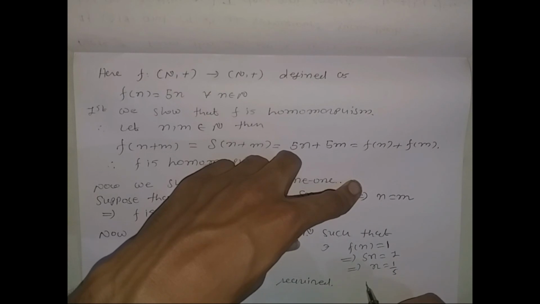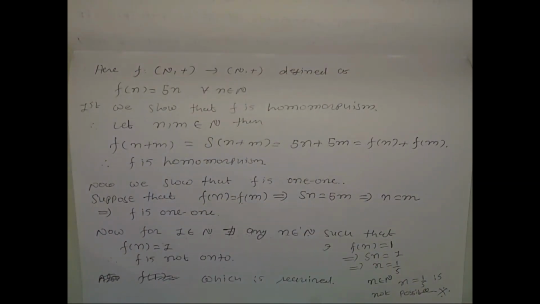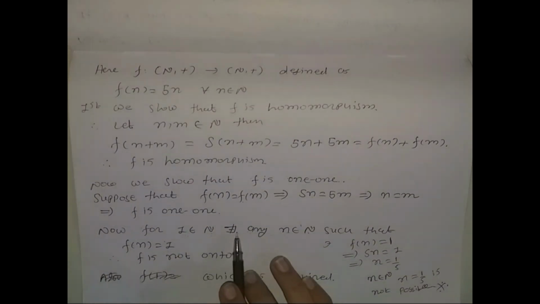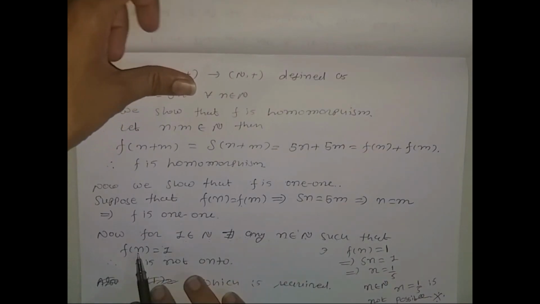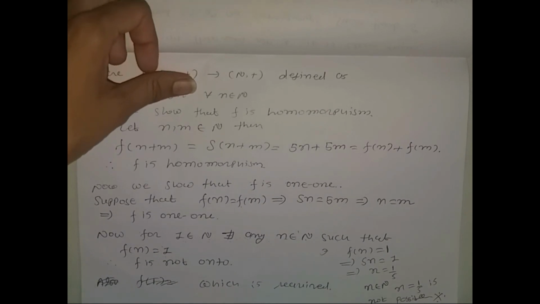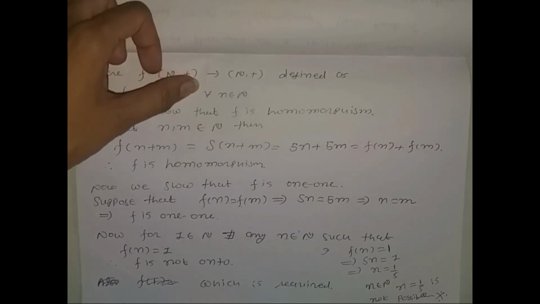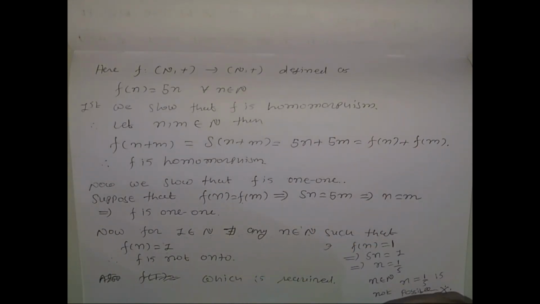But n belongs to N, so n equal to 1 upon 5 is not possible. So we get a contradiction. In this way we can say that there does not exist any natural number n belongs to N such that f of n is equal to 1. So f is not onto, which is our requirement. What we have shown is that f is a homomorphism that is one-one but not onto.